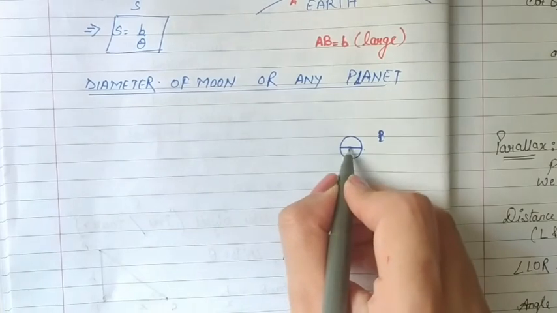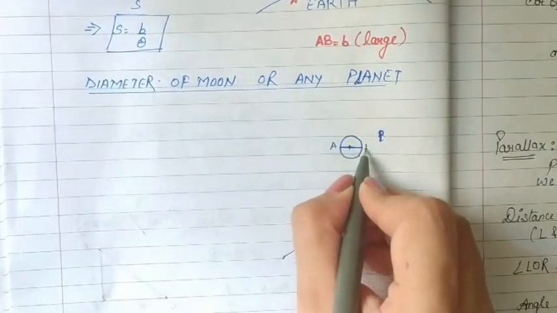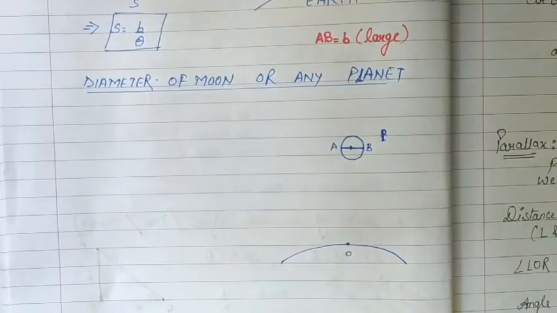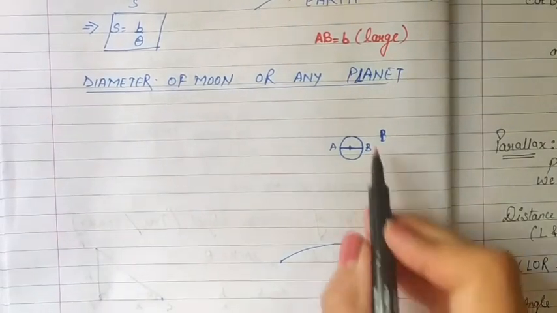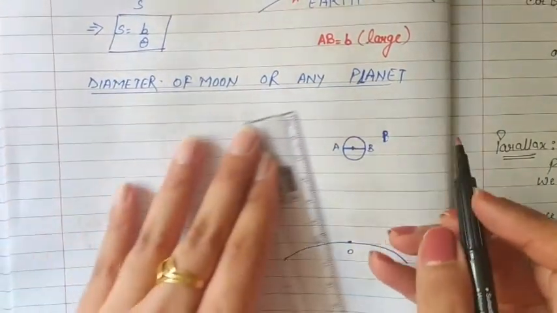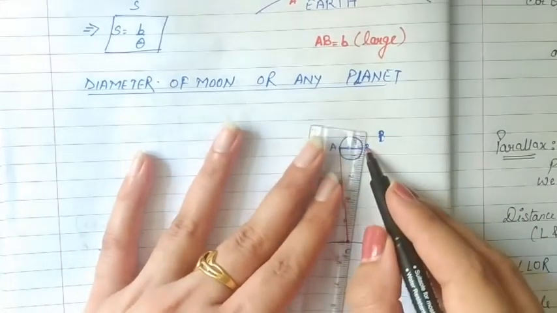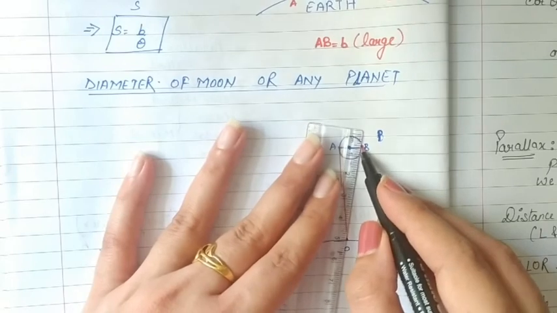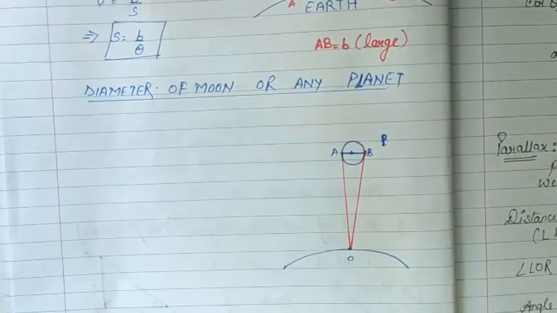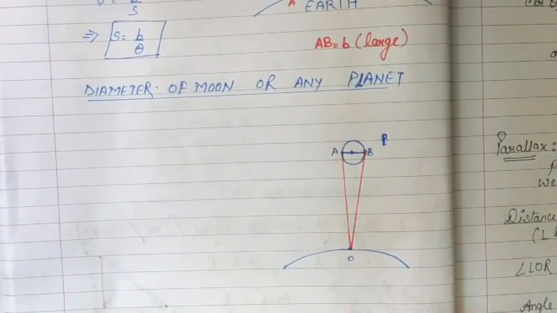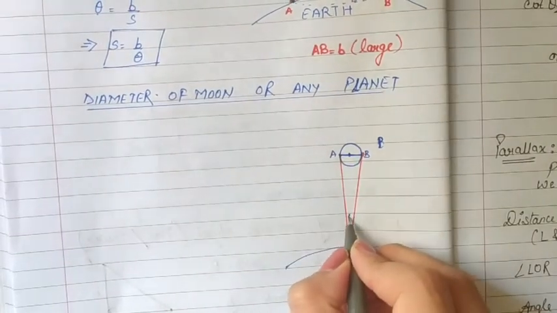Let this be the diameter AB. Then we observe the moon using a telescope and place it once towards A and next towards B. The two positions of the telescope give us the angle theta.